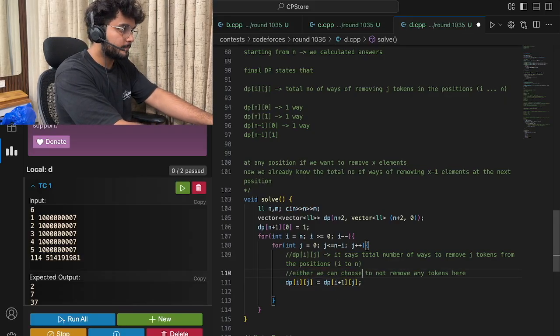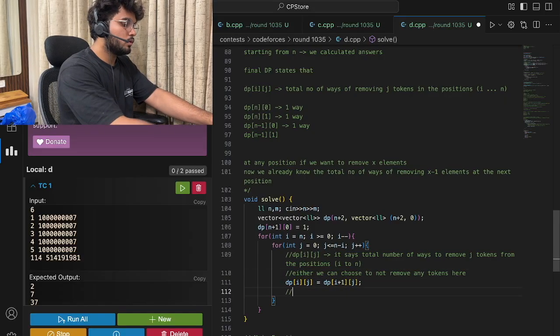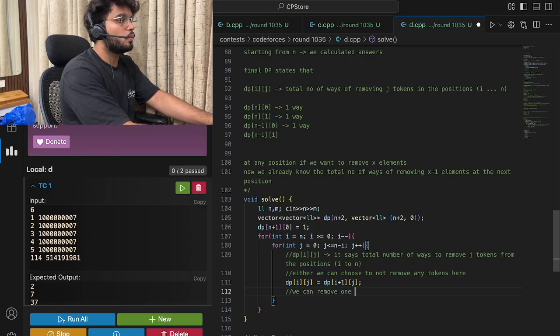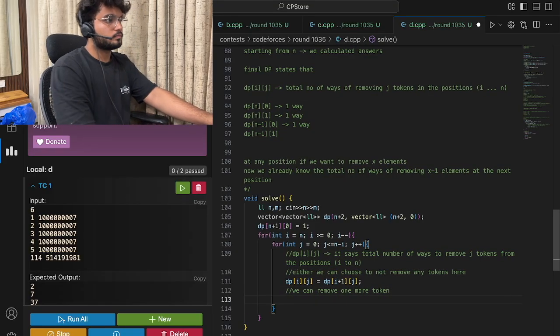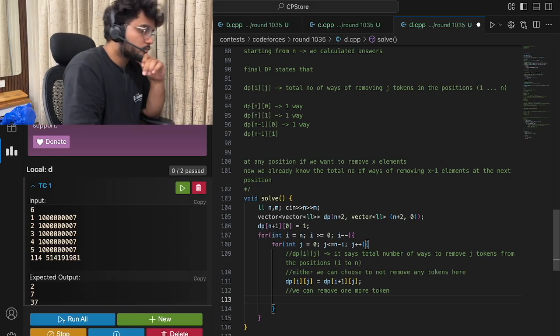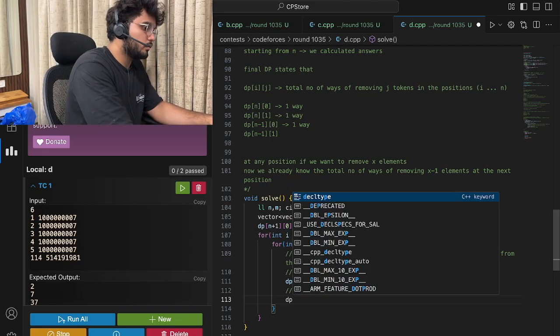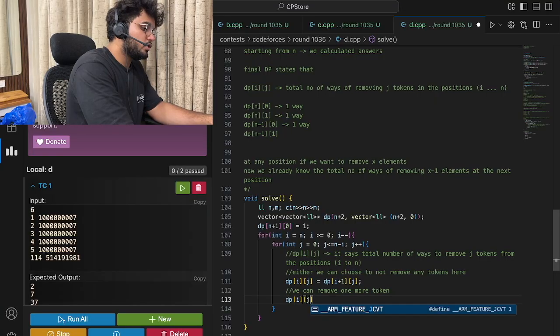I think this makes sense. Or what we can do, we can remove one more token. Okay, which means this will become dp of i comma j plus 1.